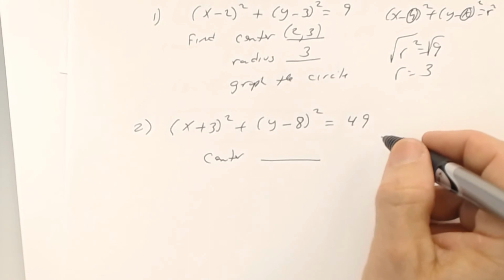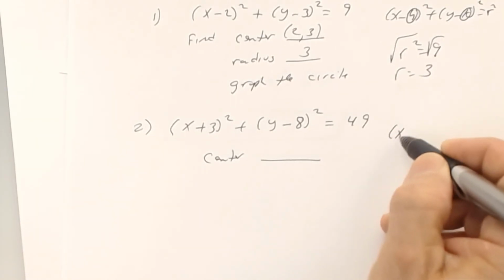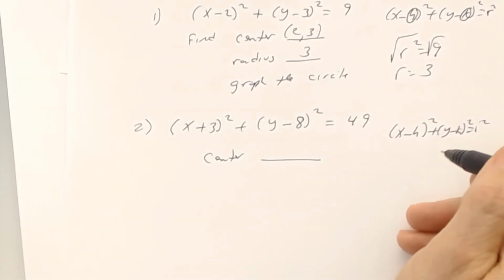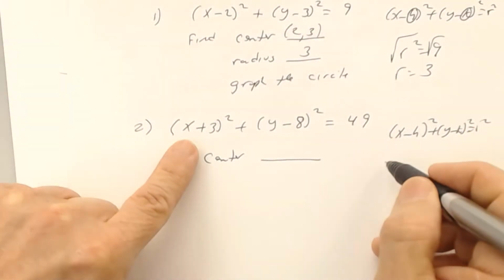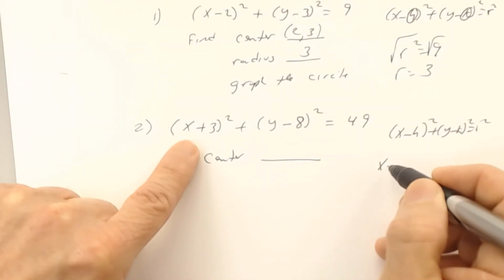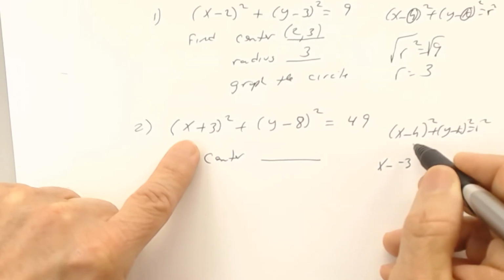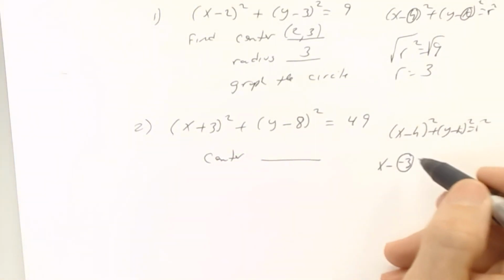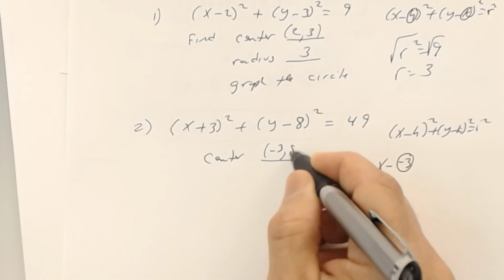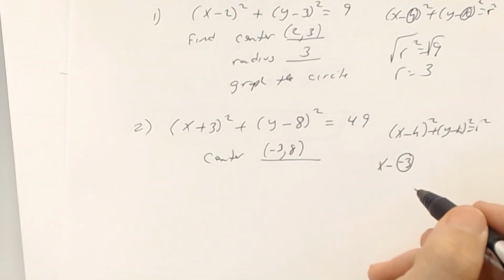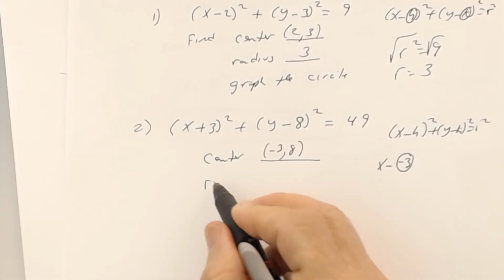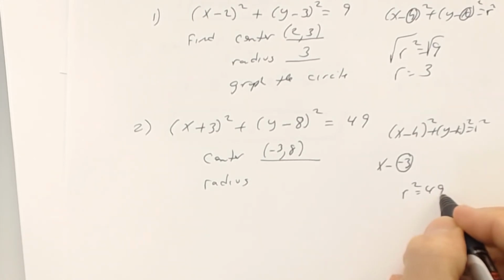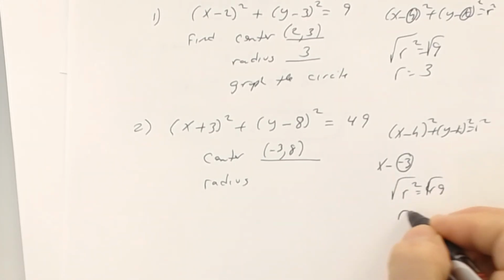The reason it's negative 3 is that the formula says x minus h squared plus y minus k squared equals r squared. It's not x plus, it's x minus. So isn't x plus 3 the same thing as x minus the negative 3? So h is negative 3. And this is already y minus, so k is 8. So the center is negative 3, comma, 8. What's the radius? 7, because r squared would have to be 49, and the square root of that is 7.